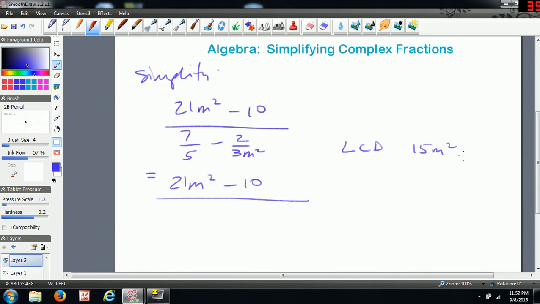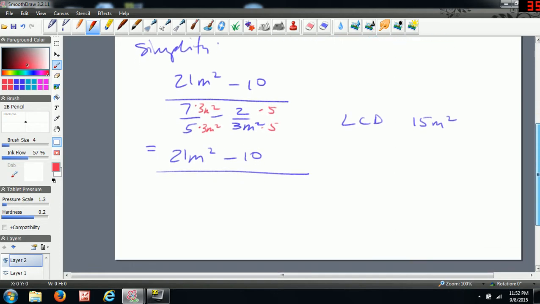And then the lowest common denominator has to include m squared. So we're going to multiply the first fraction by 3m squared, top and bottom. We're going to multiply the second fraction by 5. When we do that, we get the same denominator on both fractions.